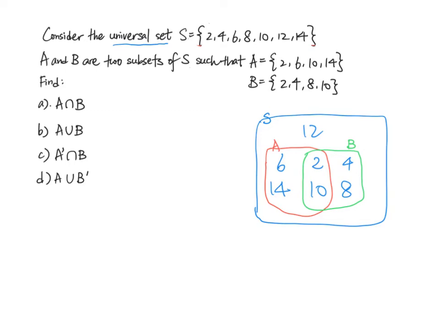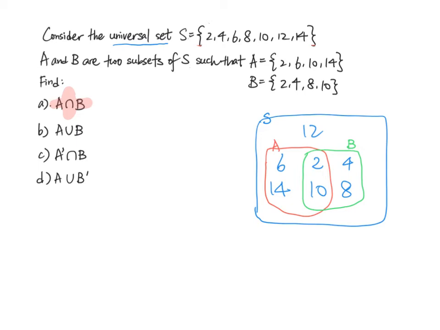For part A, it's asking you, what is the intersection of A and B? So this inverted U-shaped kind of thing is what we call the intersection. So let's see in the diagram which items are the intersection of subset A and B. That is obviously 2 and 10.